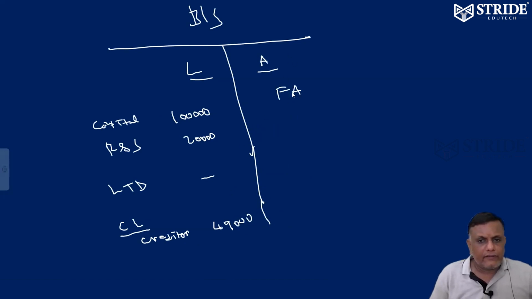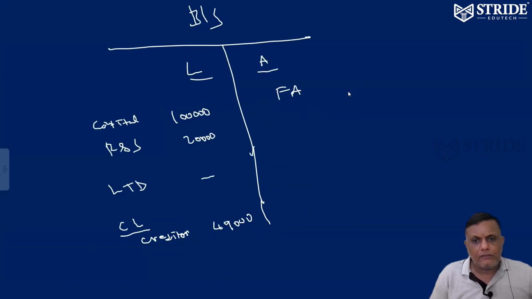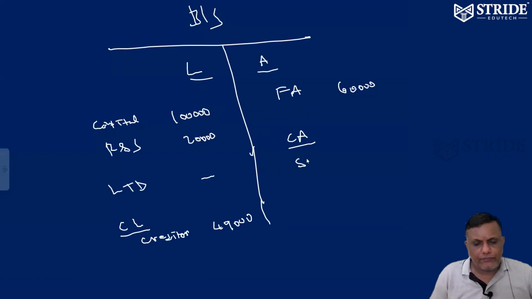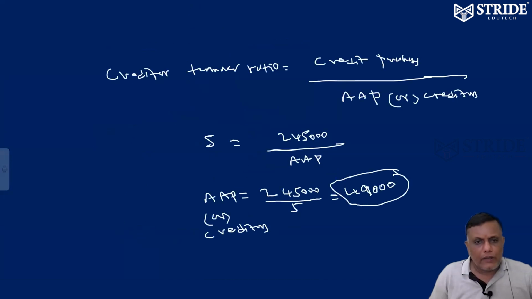Next, fixed asset is 60,000. Current assets: debtors known, stock known. What is stock actually? I mean closing stock.